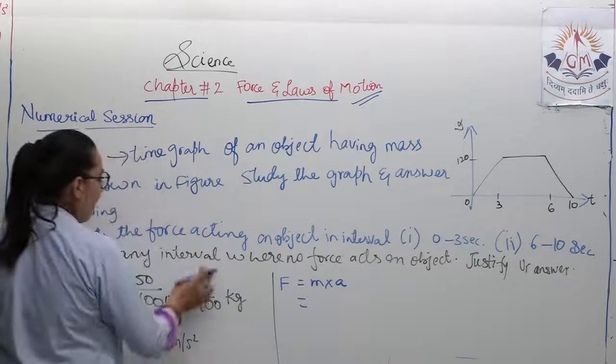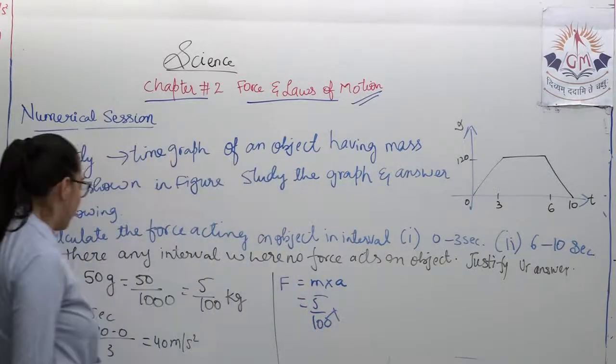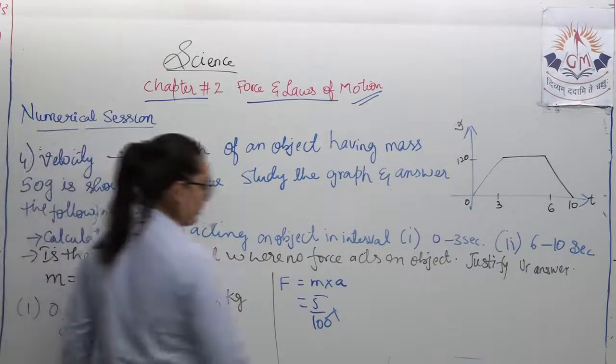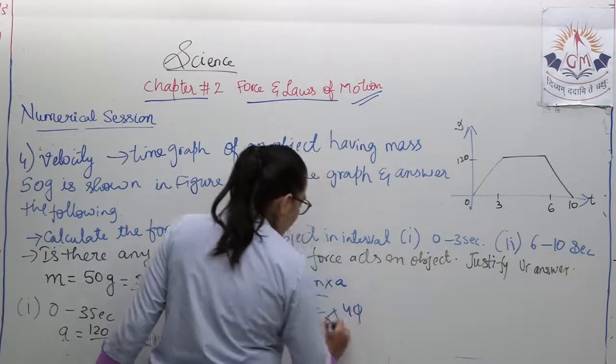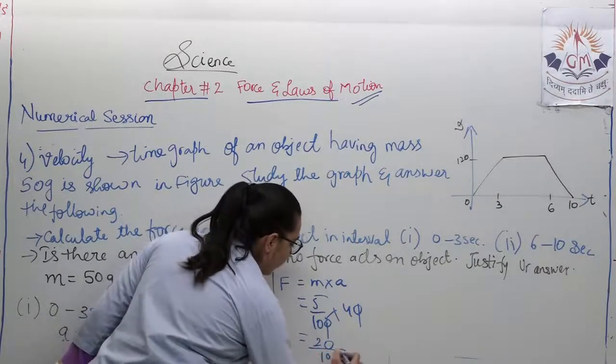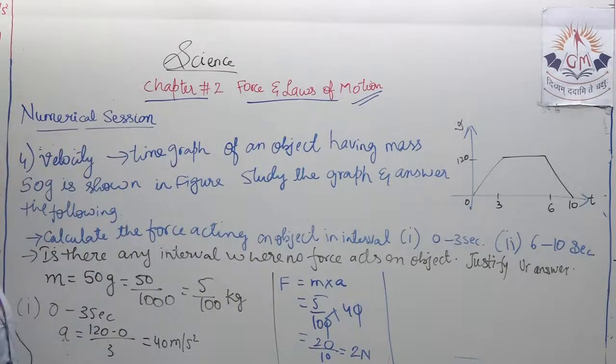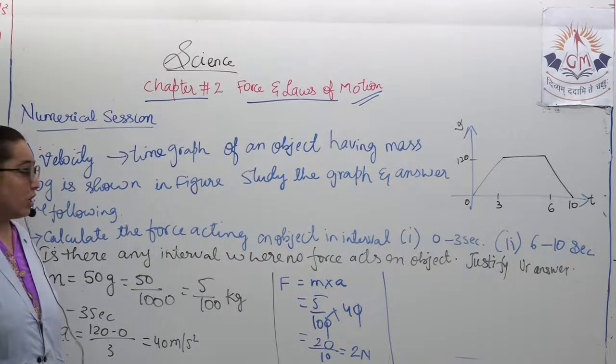What is the mass? 5 by 100. What did we get as acceleration? 40. 0, 0 cut. 5 fours are 20 upon 10, that comes to 2 Newton. So the answer for 0 to 3 seconds is 2 Newton.